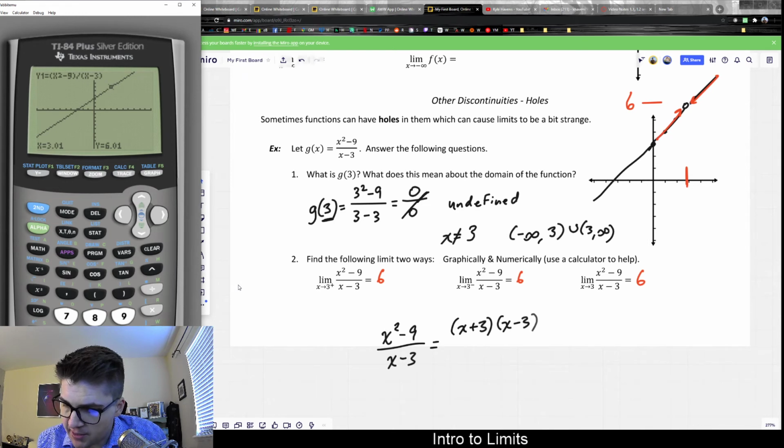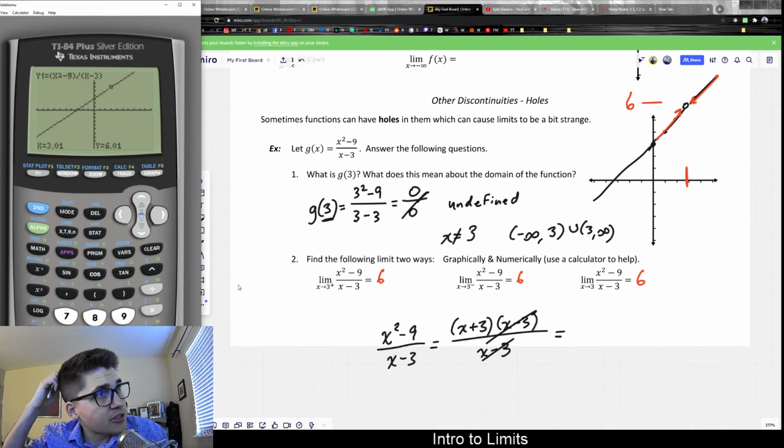The top would factor as x plus 3 times x minus 3. And if we first factor our polynomials, we could then look for common factors. Since it's a fraction, anytime it has a common factor, those would cancel by the rule of fraction simplification. And remember, you can't cancel like this. That's not allowed because you can only cancel common factors. You can't just cancel random stuff.